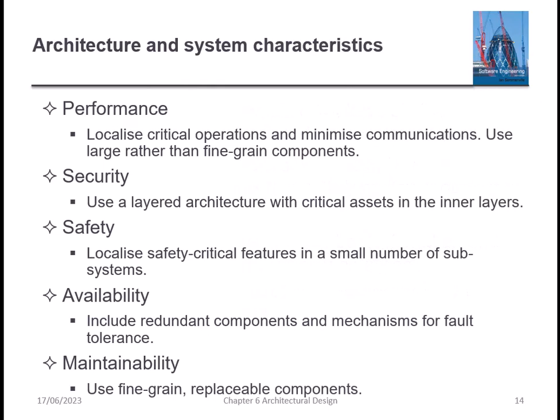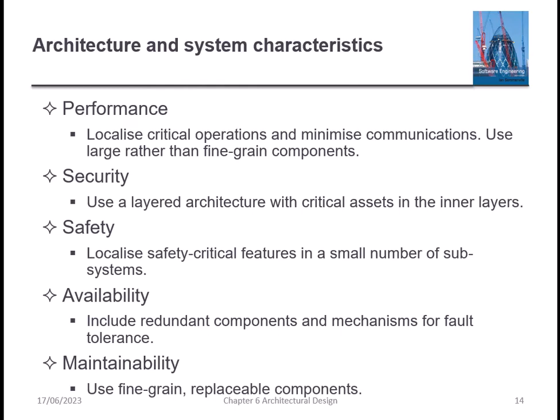Architecture and system characteristics. These quality attributes: performance, security, safety, availability, and maintainability are achieved from the architecture. And not only architecture, but later we'll discuss that the low-level design patterns are also important, and through that we achieve these quality attributes.